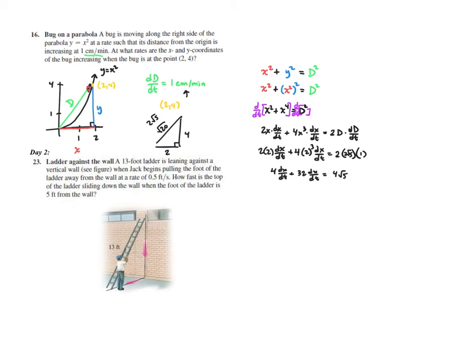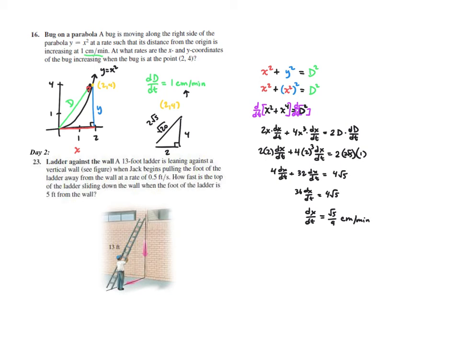Okay, so that means I've got 36 dx/dt is equal to 4 root 5. I'm just going to do some division here and find that dx/dt would equal square root of 5 over 9, and that would be centimeters per minute. So that's the rate of change of the x value when the bug is at the point (2,4).